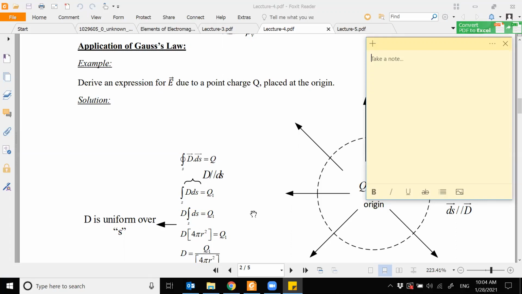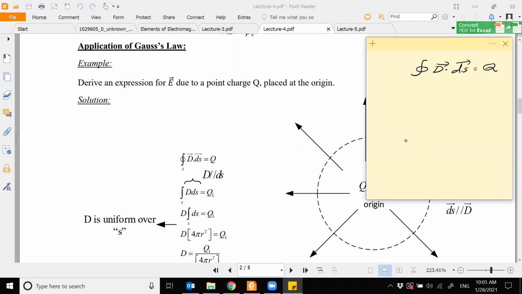So here we have already done it for the point charge using Coulomb's law. Now we are doing it for the point charge again, but using Gauss's law. So what does Gauss's law say? We are going to use this expression, which is the closed surface integral of D dot dS equal to the charge enclosed.